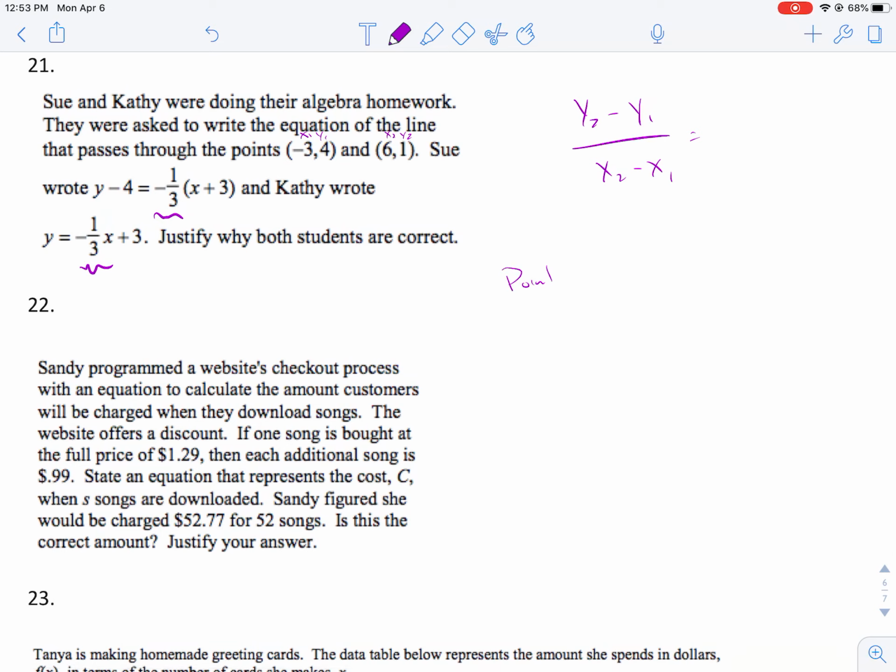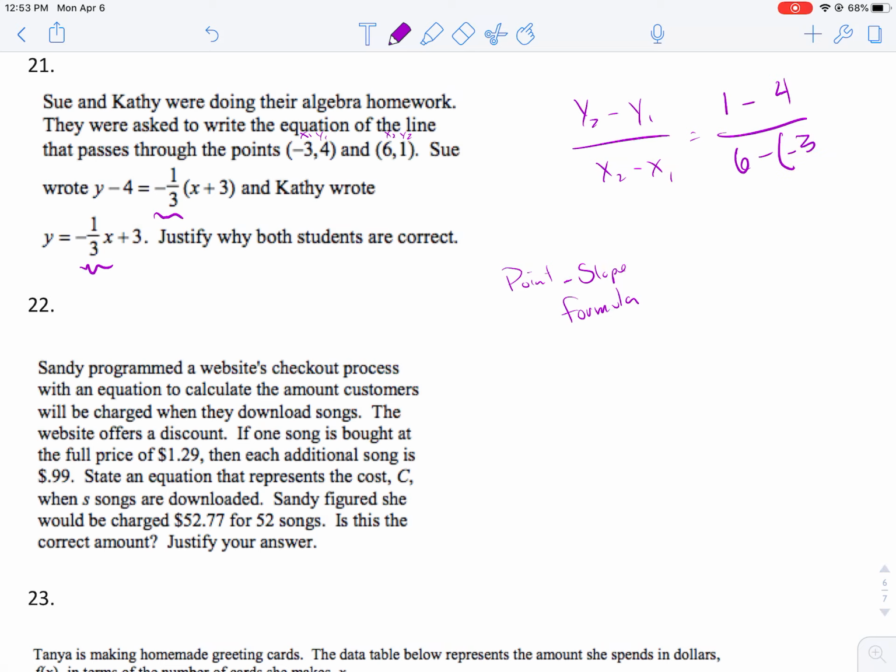In order to find the slope, we got to use this equation right here. This is the point slope formula.